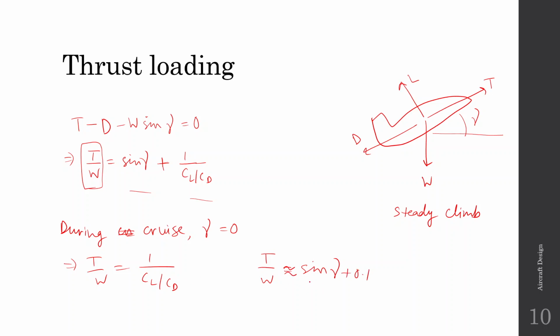So during climb, your T by W is mostly determined by your climb angle, and during cruise, your T by W is mostly determined by CL by CD.